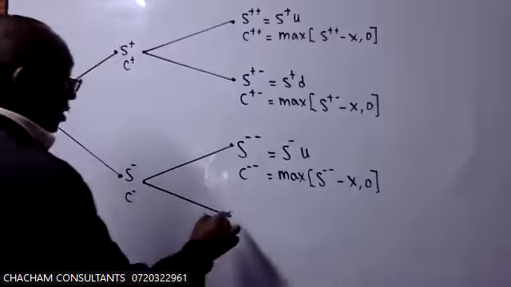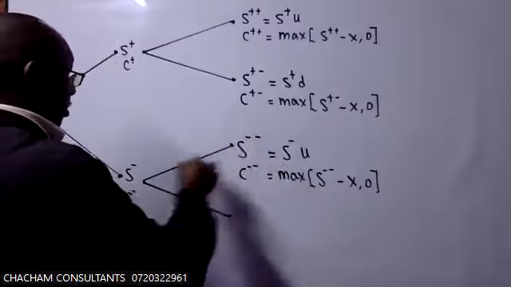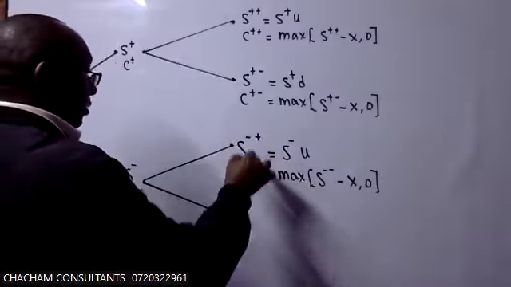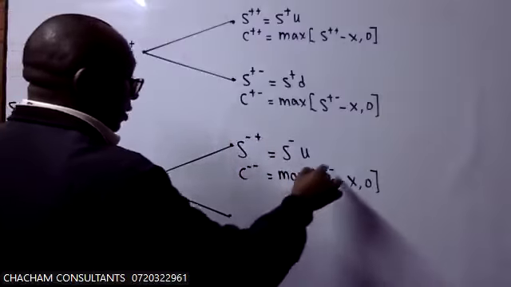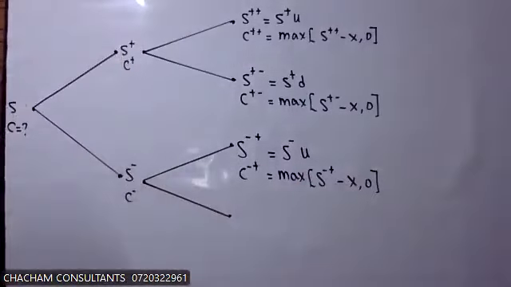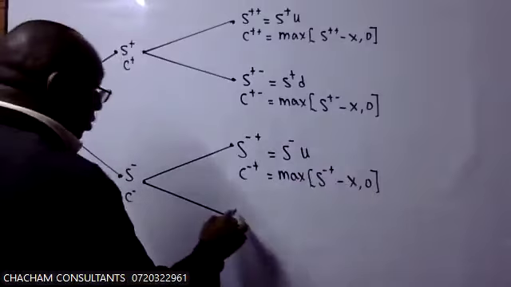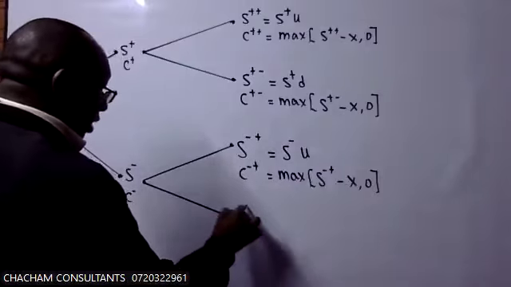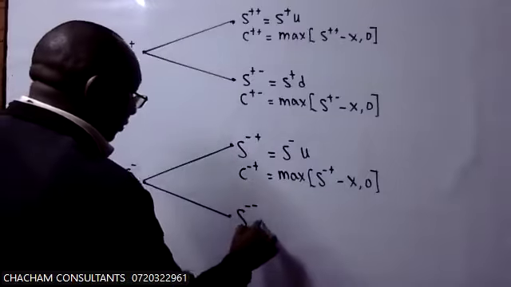Aya, then, sorry. Hii imesonga juu, is a plus. So this is also a plus. Even this one is a plus. Imesonga juu. So sasa hapa, ndio S negative negative.